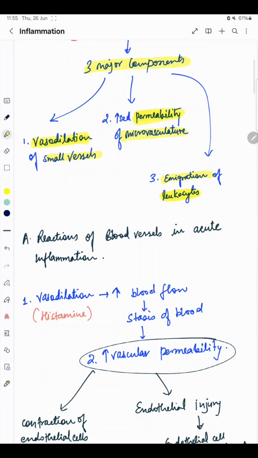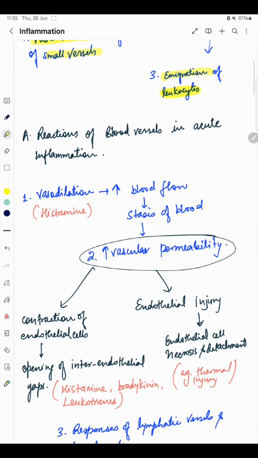So now we will see the various reactions of blood vessels in acute inflammation. First is vasodilation. The mediator for this vasodilation is histamine.